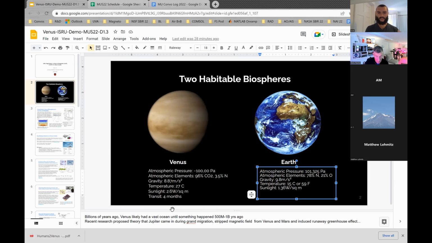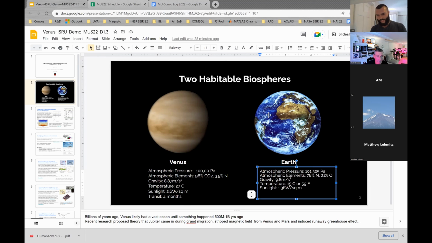Billions of years ago, Venus had this vast ocean until something happened, 500 million to a billion years ago. I remember reading about this theory that was proposed, that Jupiter came in during the Grand Migration and really stripped the magnetic field from Venus and Mars, we believe, and then gradually over time induced and built this runaway greenhouse effect until what we have with Venus and Mars in the present day.